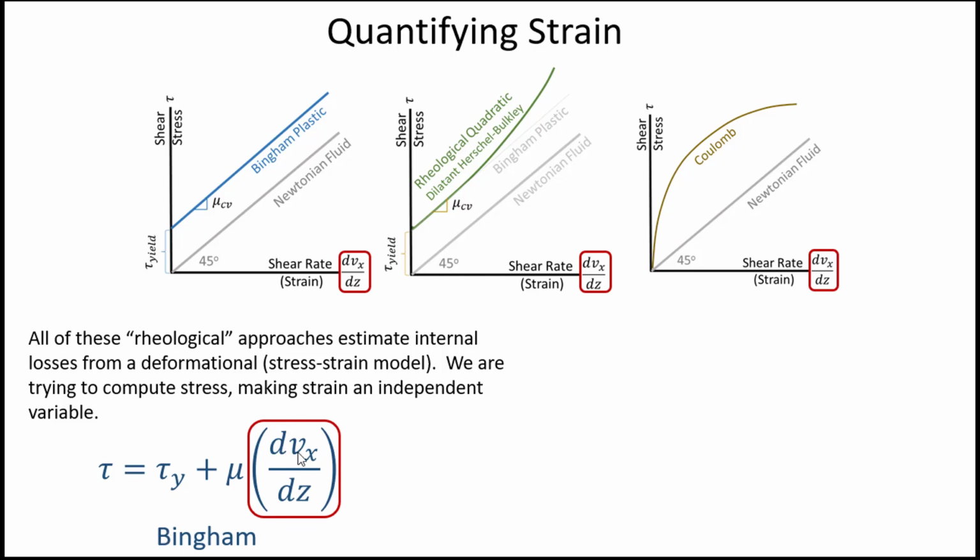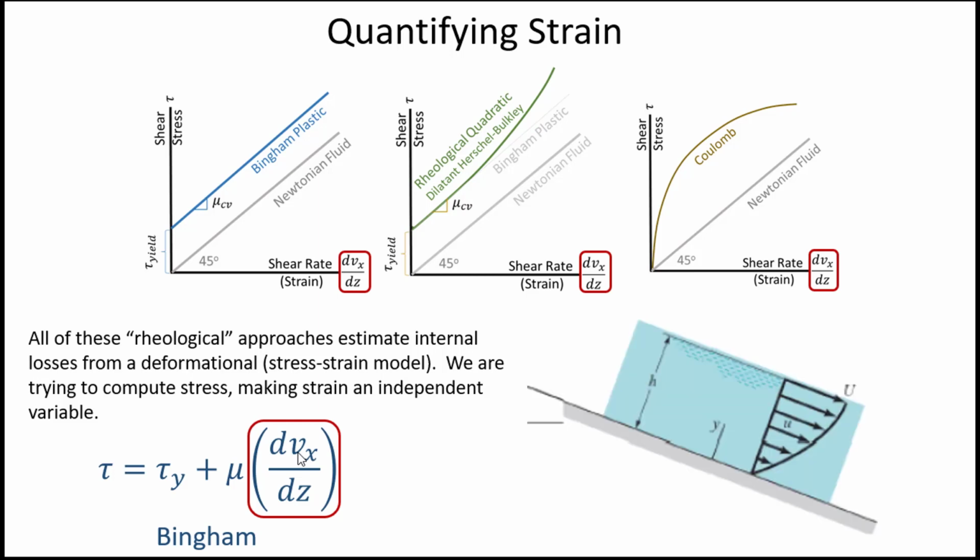Well, if you think about water, water translates downstream, and the top translates faster than the bottom. In fact, there's zero translation at the bottom. Most investigators have assumed that because water deforms as a function of the velocity, you have maximum deformation at the top and zero deformation at the bottom.